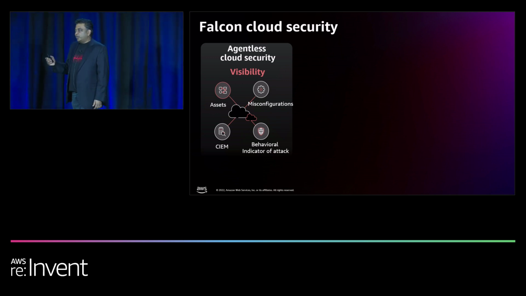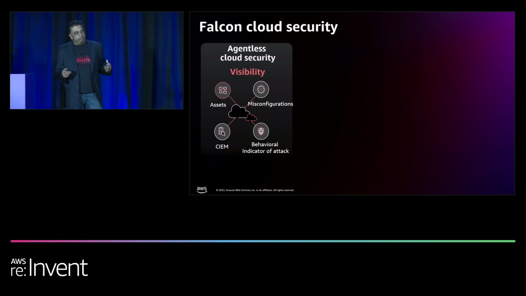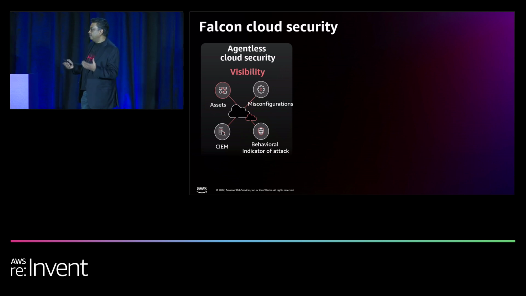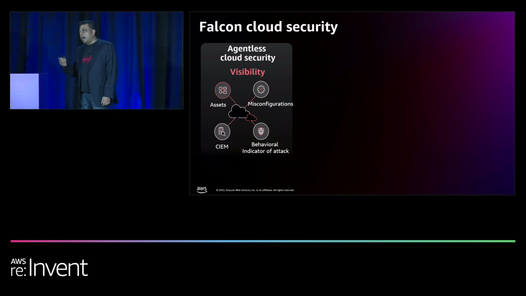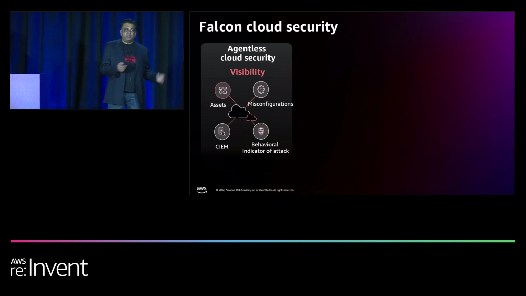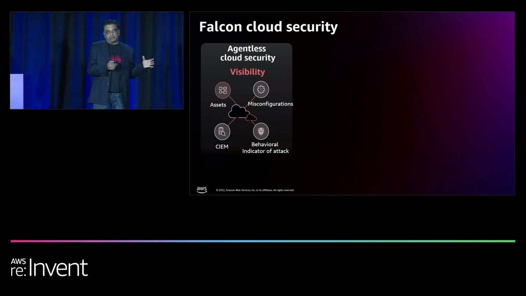But we differentiate further from us beyond just the graphs and dashboards and reporting into what we call our behavioral indicators of attack, or IOAs. And that's a differentiating factor for us because we have that telemetry that comes from our threat graph that Rob talked about earlier.